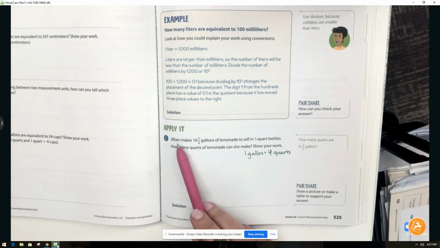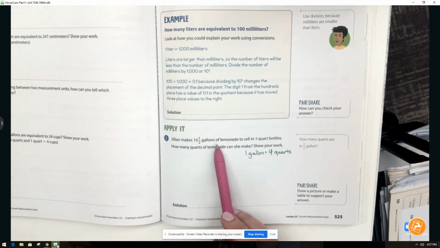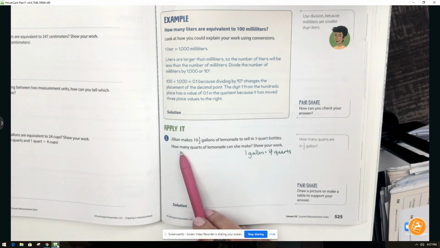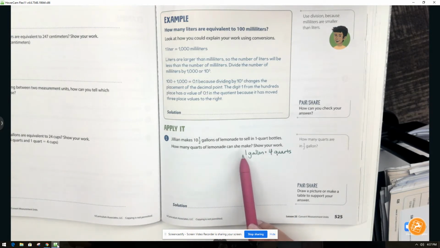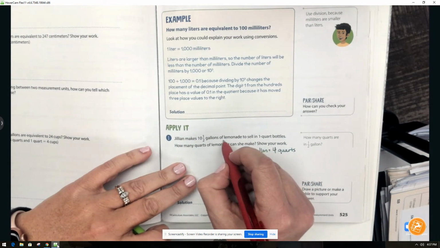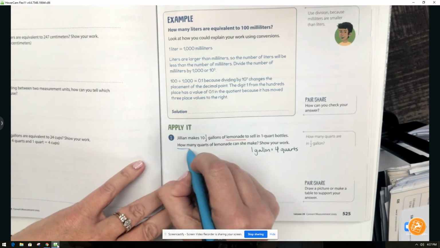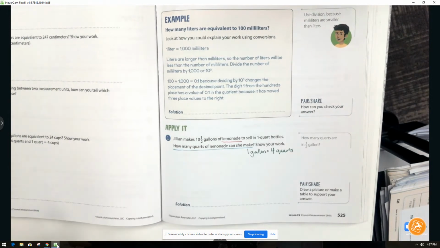And it says this: Jillian makes 10.5 gallons of lemonade to sell in 1-quart bottles. How many quarts of lemonade can she make? Now remember, we're talking about lemonade in this problem, and we want to know how many quarts of lemonade can Jillian make?